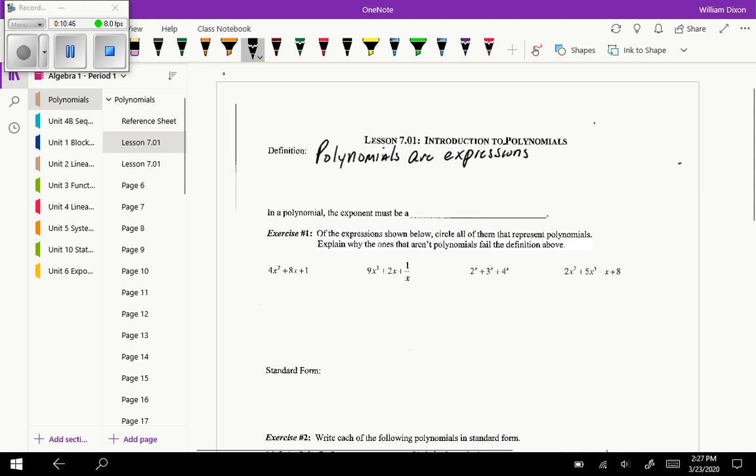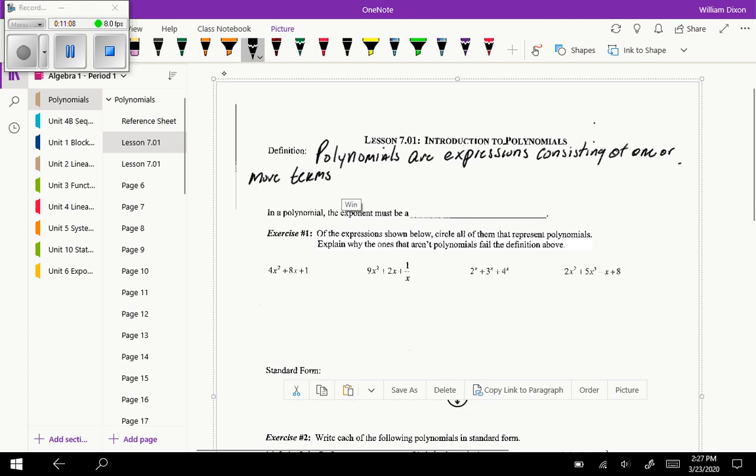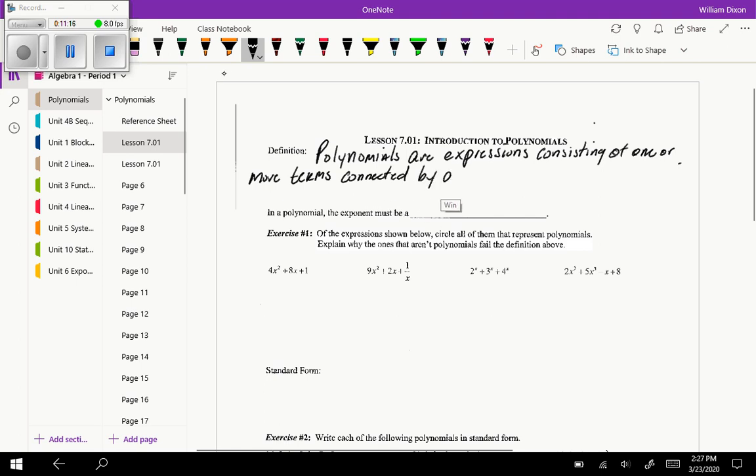Expressions consisting of one or more terms connected by addition or subtraction.